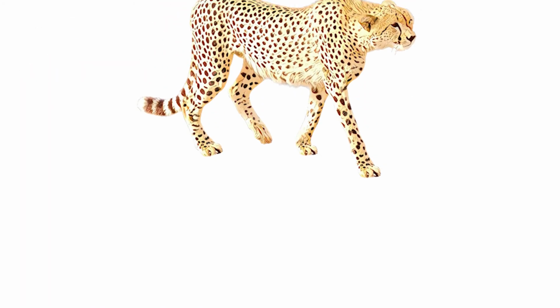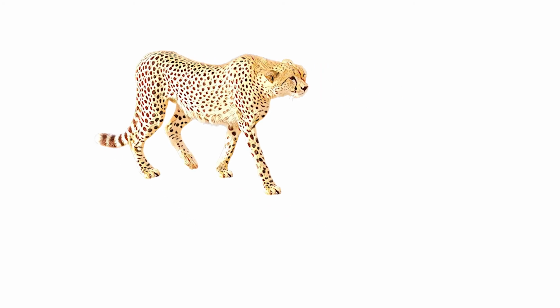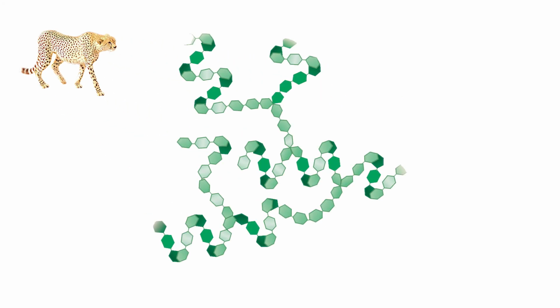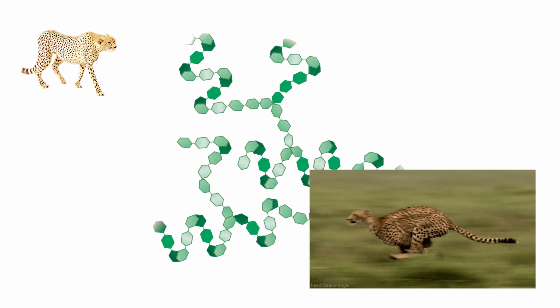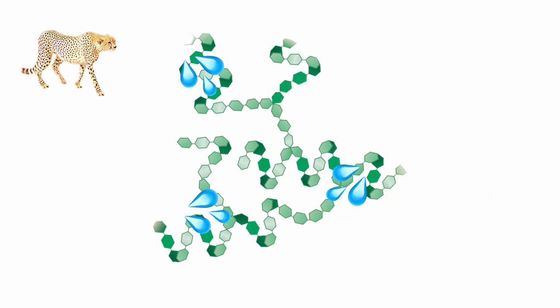On the other hand, animals store their carbohydrates as glycogen, which is a polysaccharide that branches out at multiple points. When demand for glucose increases, say the animal is doing some physical activity, glycogen is hydrolyzed back into glucose for use in the cells.